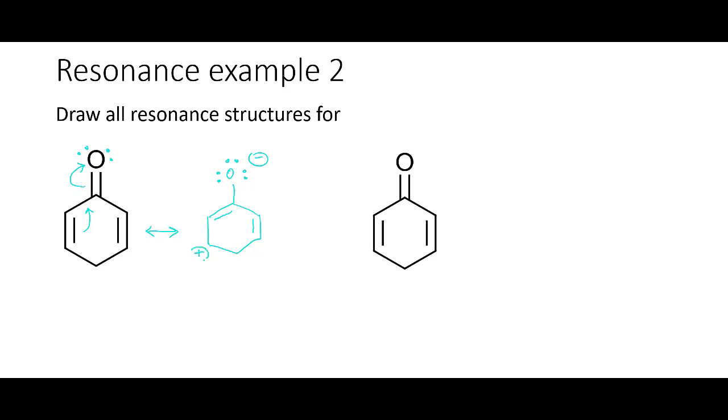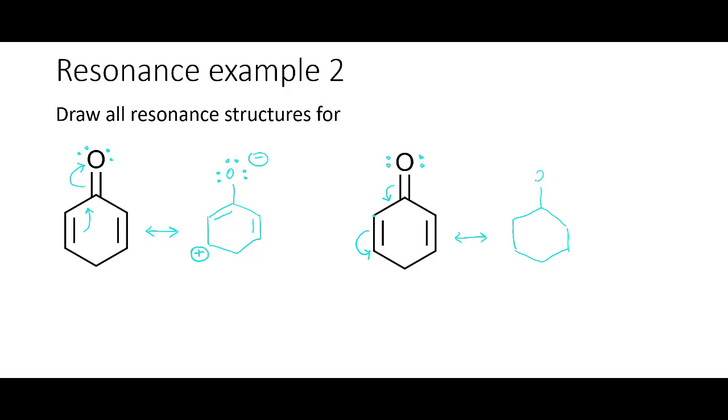Another option is to start moving the electrons in this alternating single and double bond chain toward the carbon. So we could take this double bond between the carbon and the oxygen and move it over here. In doing so, we ruined the octet for this carbon here, so we would have to take the double bond between these two carbons and move it over onto the carbon here.